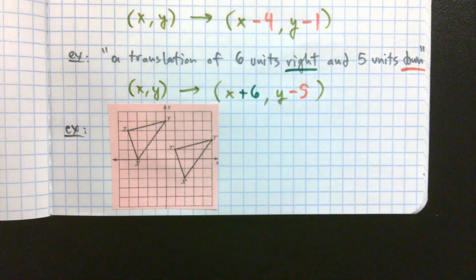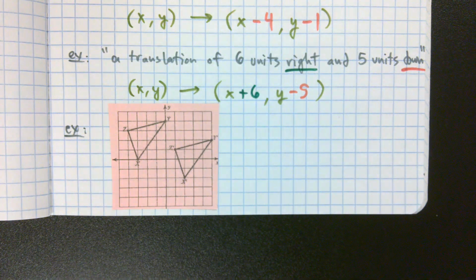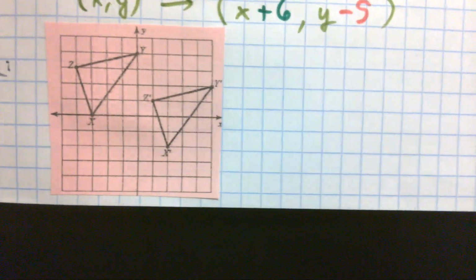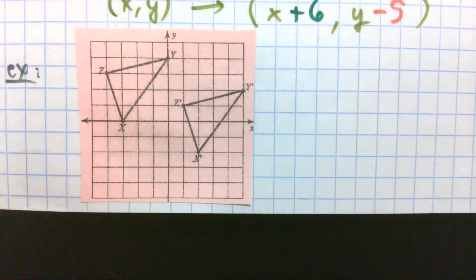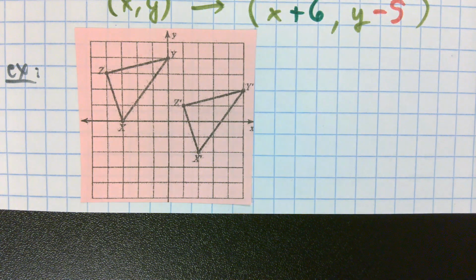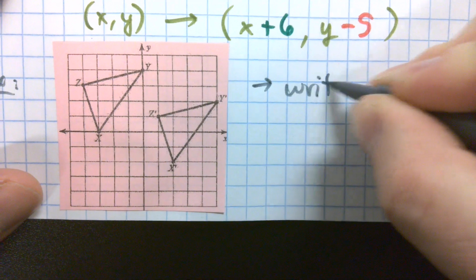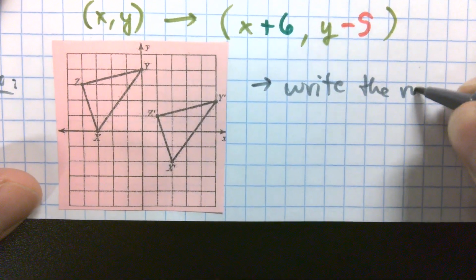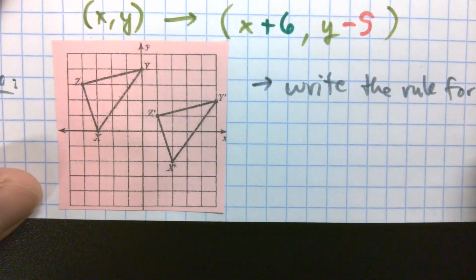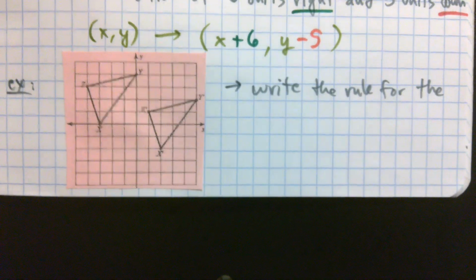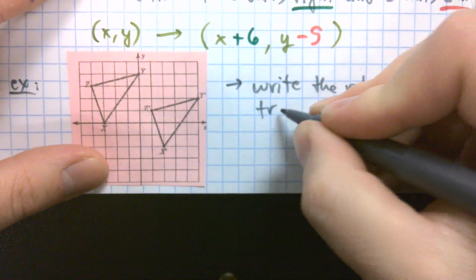So we can mismatch, right? We're not always going to go double positive or double negative. We could have a positive and a negative and a positive. Let's take a look at what we have in this pink example. I know it's kind of small, but what we're going to do is write the rule for the translation shown.